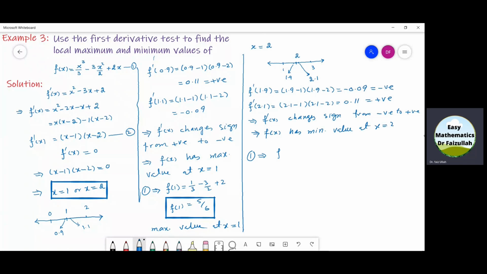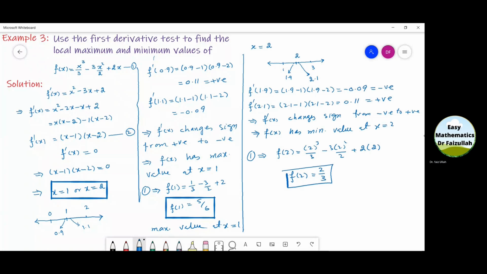So 1 implies f of 2, which is equal to 2 cube divided by 3 minus 3 into 2 square divided by 2 plus 2 into 2. And if we simplify this, we get that this is equal to 2 by 3. And that is the minimum value of f of x at x is equal to 2.